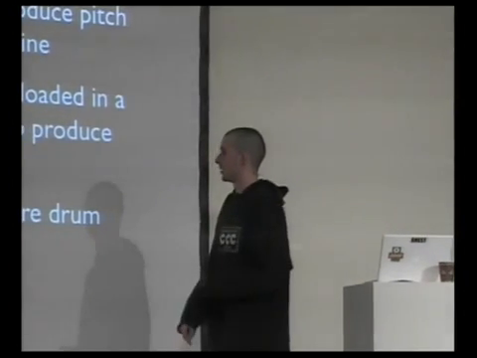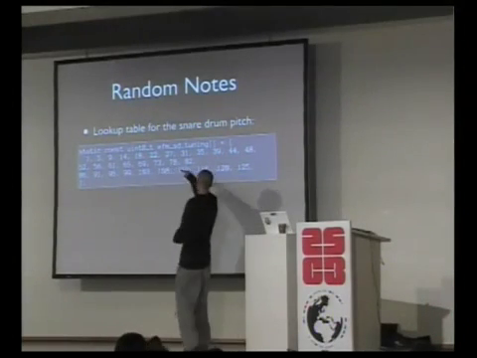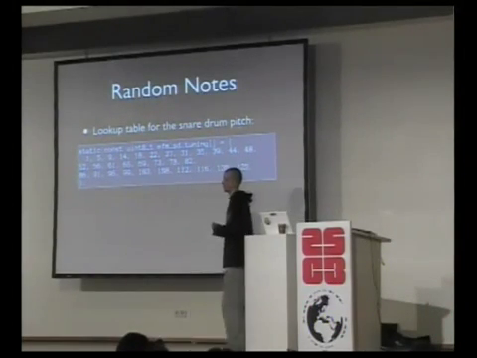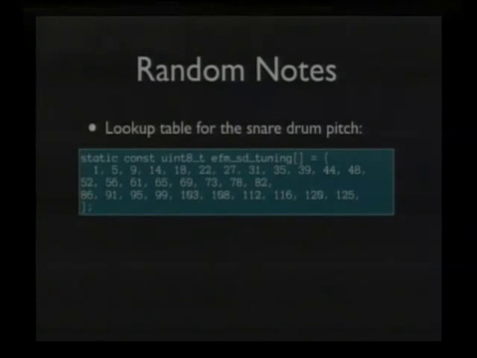And then I built a lookup table to produce the correct pitch for each kind of sound you have. So that's the lookup table for the snare drum. So if you want to play a chromatic scale, it's just those values you have to input, and all the microcontroller is going to do is look up the correct pitch information for a note and send it over to the drum machine.